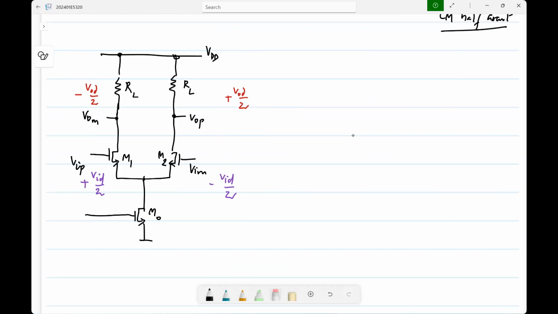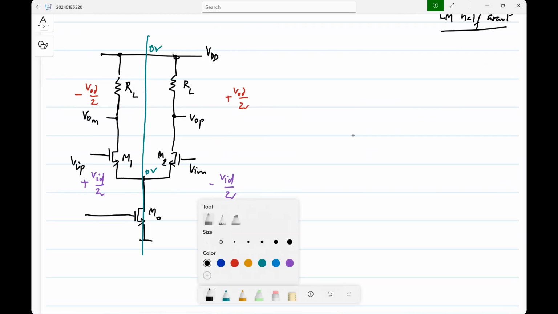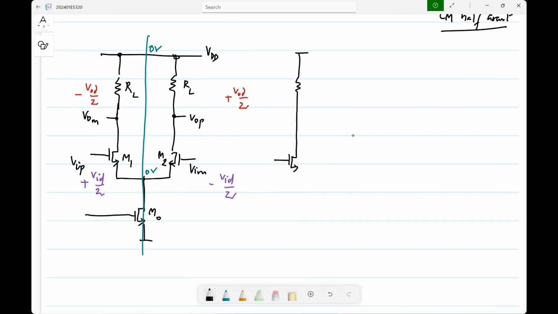So I will still write the transistor symbols, but basically now if you draw the center line, this is at 0 volts and that is at 0 volt. Okay. So the differential half circuit would be the excitation is VID by 2, and on this it is minus VOD by 2. I mean, that's how I have taken that, right?